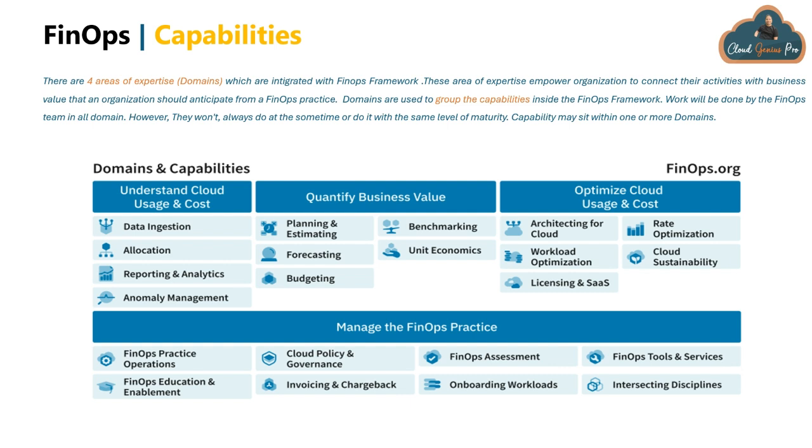Organizations might be doing all these areas, but not as part of a central FinOps team. So if anybody asks you what the key objective of FinOps is, it is not just cloud cost optimization. There is something more.